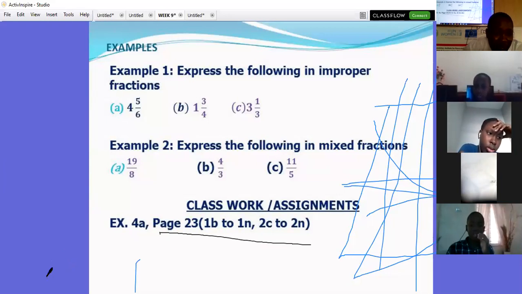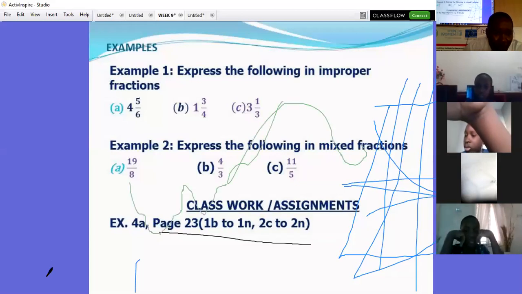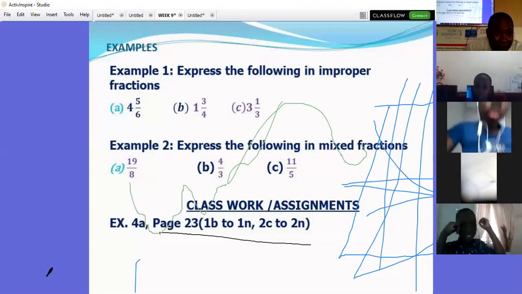I'm having an issue with your voice, Abdurrahman. I can't hear you. Who also wants to give a definition of an improper fraction? Toiba, go ahead.